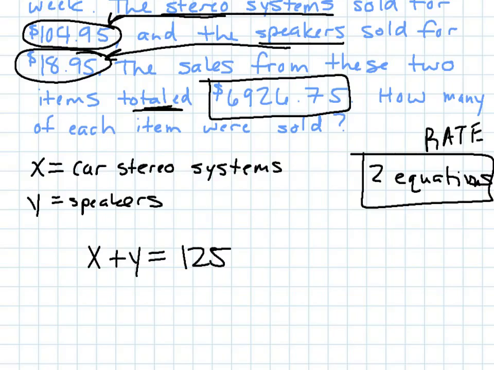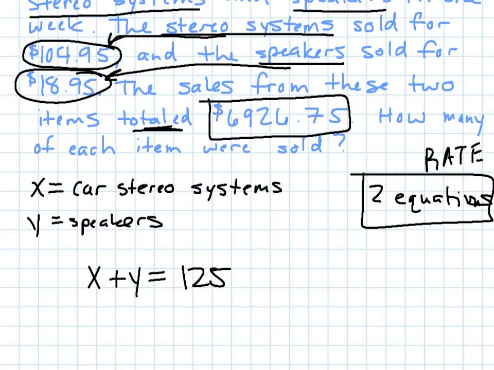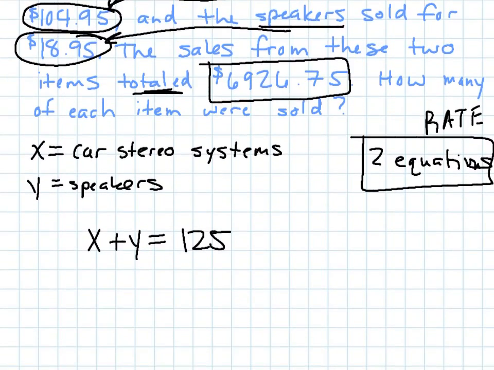Now the next one, they kind of make this obvious, in that all the dollar amounts should have something to do with one another. So the price for a stereo system is $104.95, right?